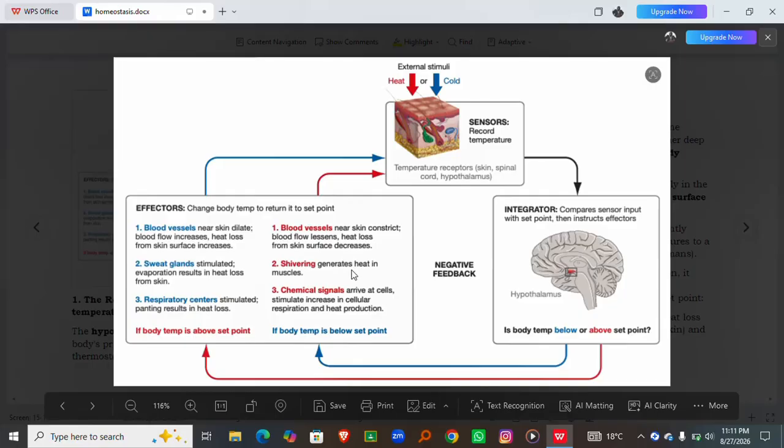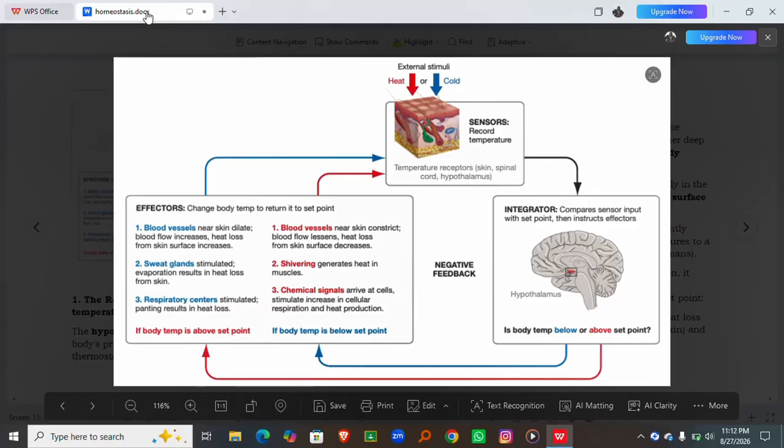Shivering is going to help to generate heat in the muscles. That one is coordinated by the hypothalamus. It is the one that is going to cause that endogenous heat generation, or something we call the thermogenesis. Then chemical signals arrive at the cells and stimulate increase in cellular respiration, resulting in an increased metabolic rate, which is going to result in heat production.